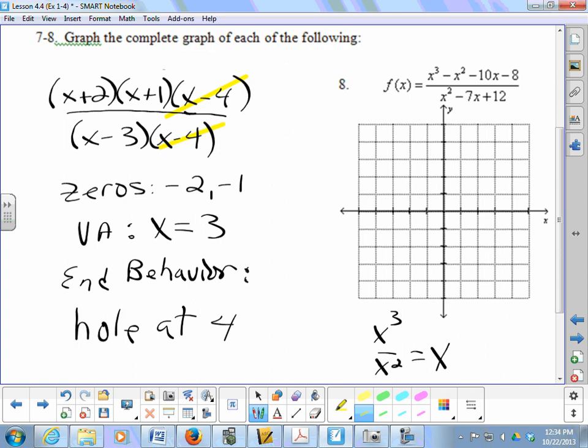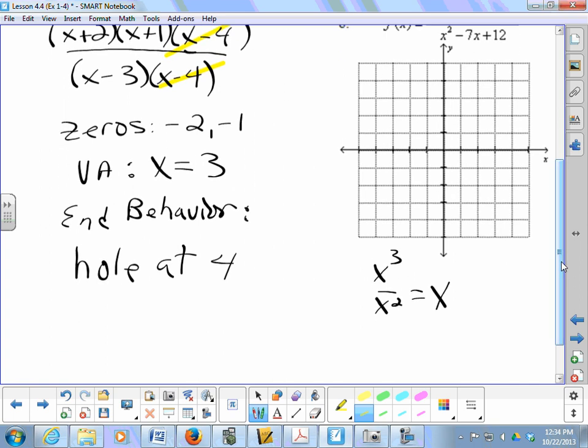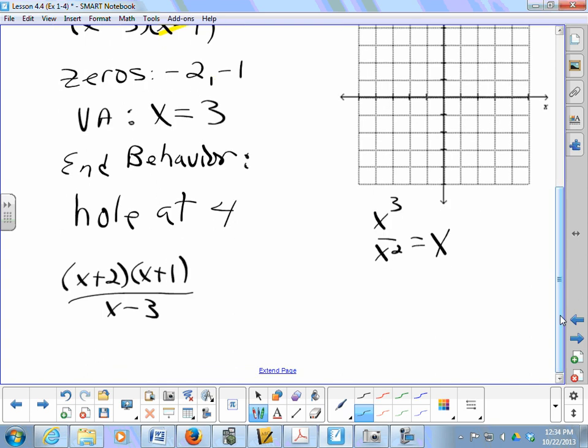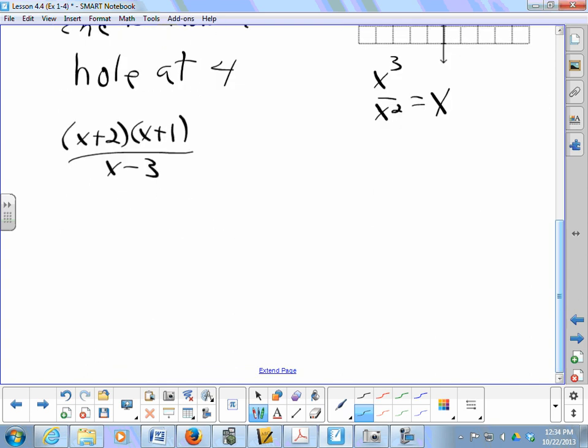All I need to find that end behavior then is x plus 2, x plus 1 over x minus 3. So I've got to do either long division or synthetic division with those two so that I can find the exact value of this asymptote.